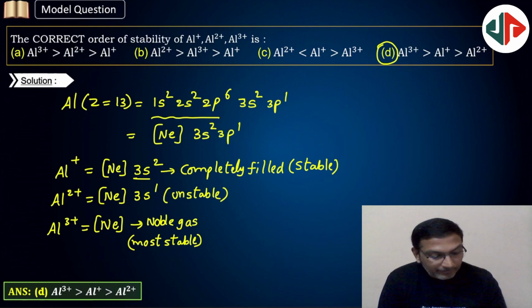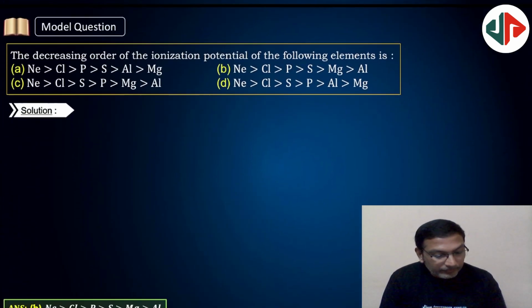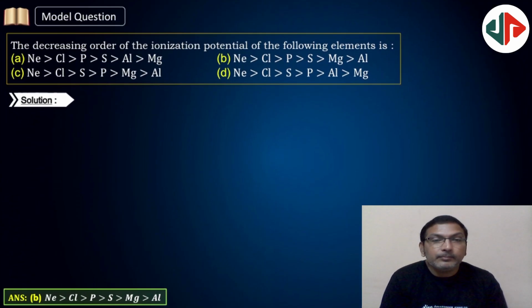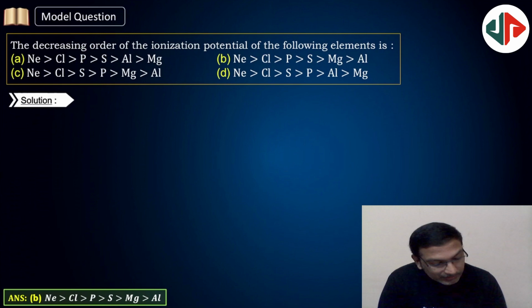Next one. Decreasing order of ionization potential of the following elements. So here neon, magnesium, aluminium, sulfur, phosphorus, chlorine are given.